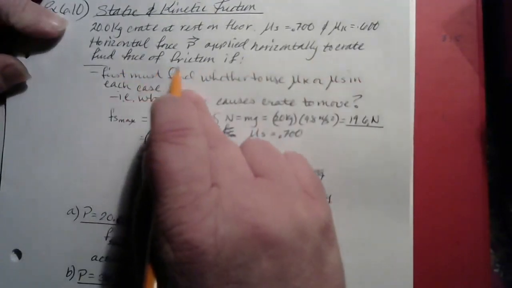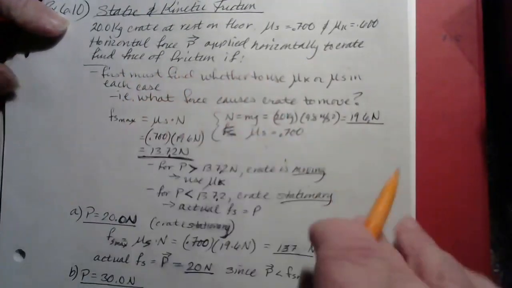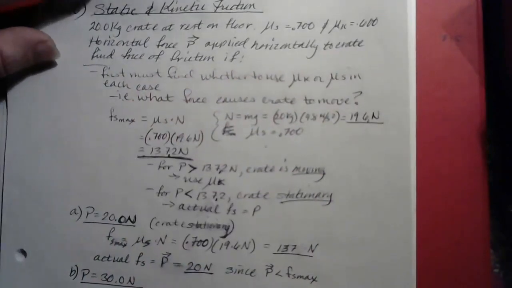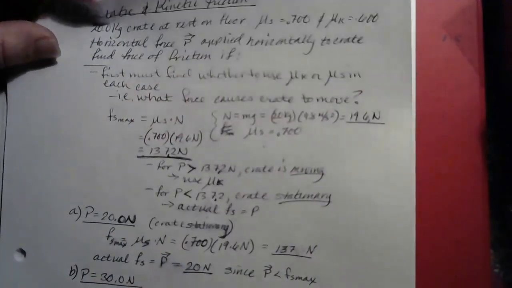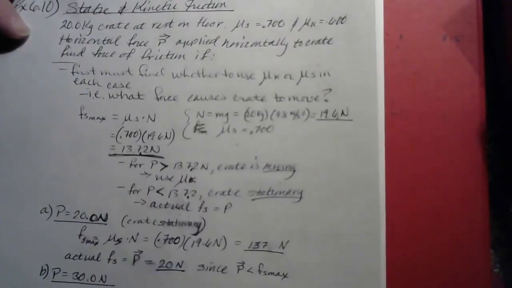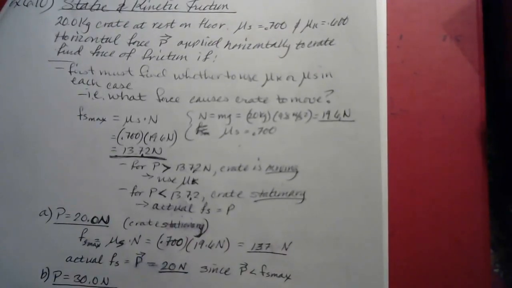And we want to find the force of friction if P equals 20 newtons, or P equals 30 newtons, or P equals 120 newtons, or P equals 180 newtons, depending on how hard you're pushing the crate. Presumably P stands for push.